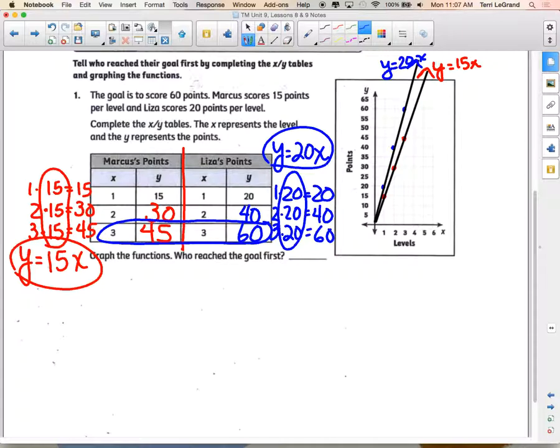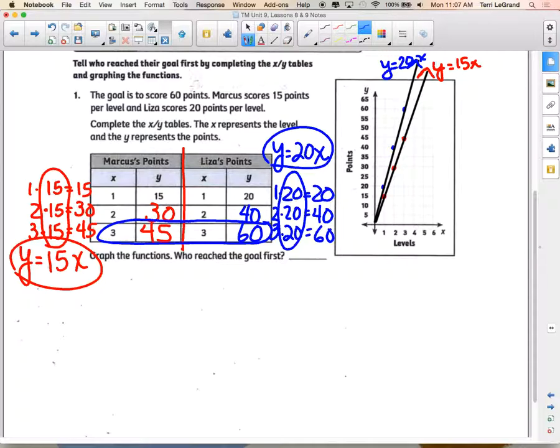It has to do with the slope and the steepness of the line. Which one has a bigger slope? Liza, her multiplier is bigger than Marcus's, right? The slope is bigger. So if the slope is bigger, what happens to the line? Is it steeper or less steep? Steeper. The bigger the multiplier, the steeper the line, the faster it's going to get there, right?